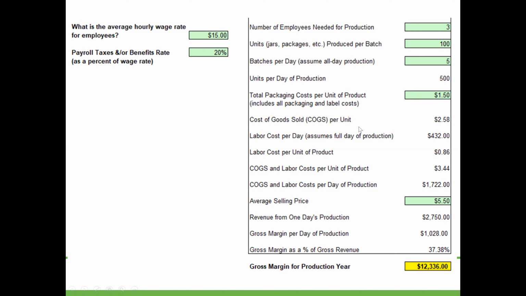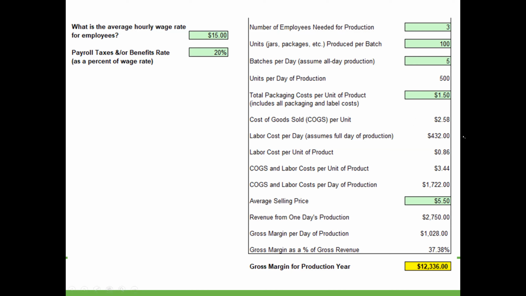So our cost of goods sold per jar is that $1.50 for the jar and the label, plus our ingredients cost, that $108 divided by 100 jars. Our cost of goods sold is our ingredients of $1.08 plus the packaging cost, the jar and the label, of $1.50.